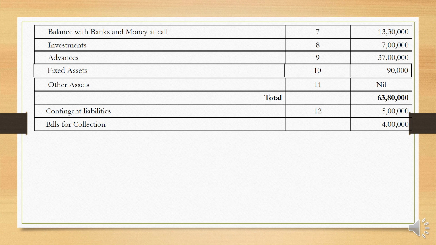Then balance with the banks and money at call 13,30,000. Then investment, schedule 8, 7 lakh, advances, schedule number 9, 37 lakh, fixed assets, schedule number 10, 90,000. Then other assets nil. So total it is 63 lakh 80,000. And contingent liability 5 lakh. And bills for collection without schedule it is 4 lakh.